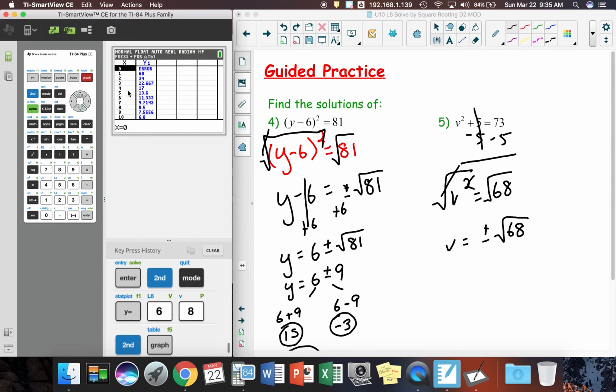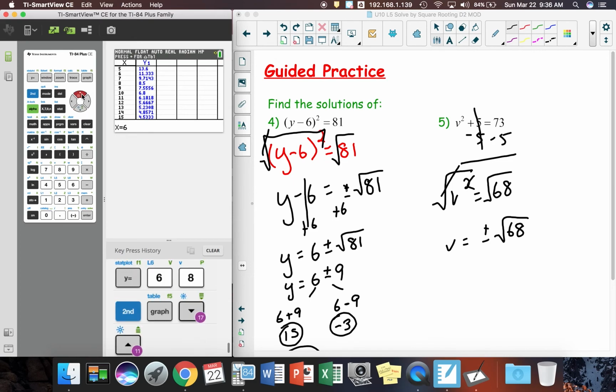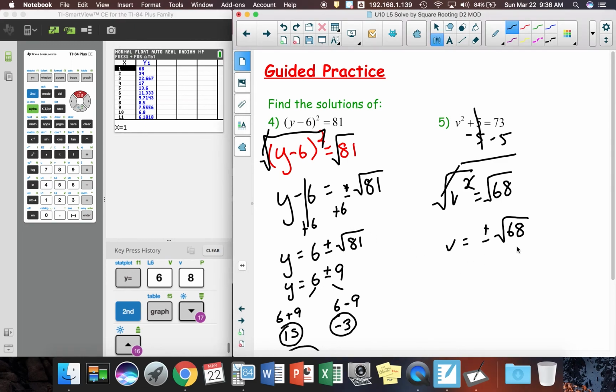So if I continue looking, the next factor would be 17 and 4. So I know that I have all of my factors. My factors for 68 are 1 and 68, 2 and 34, and 4 and 17. Of all of these, though, 4 is the only perfect square there. So that's the biggest perfect square.